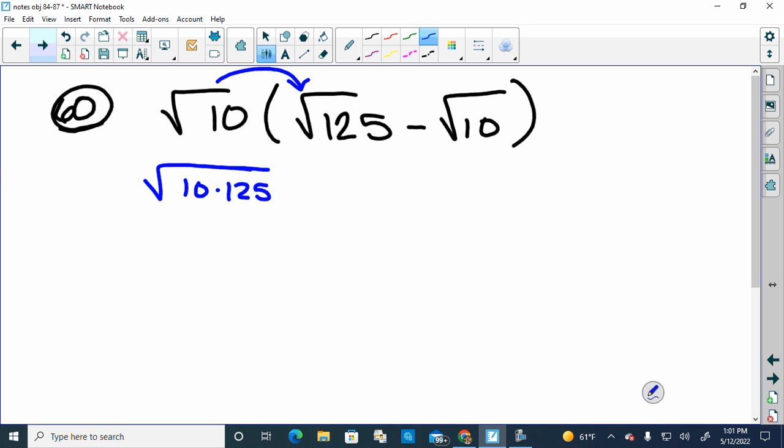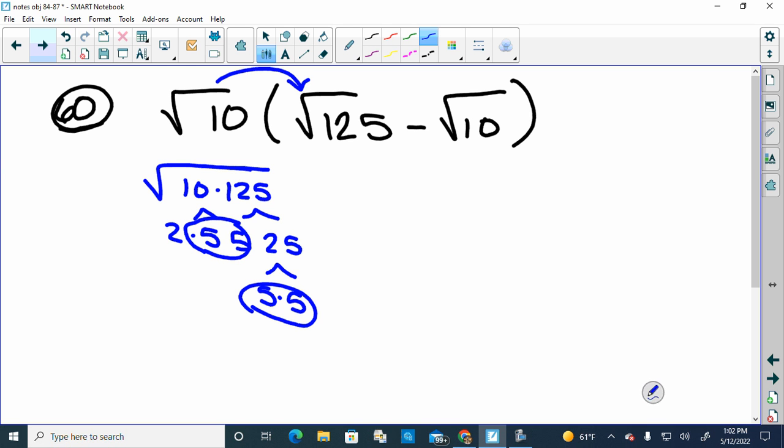So 10, I can go 2 and 5. 25 breaks down into 5 and 5. So I have a pair of 5s here, and a pair of 5s here. So a 5 comes out and a 5 comes out, so there's 25 on the outside. What is left underneath? 2.